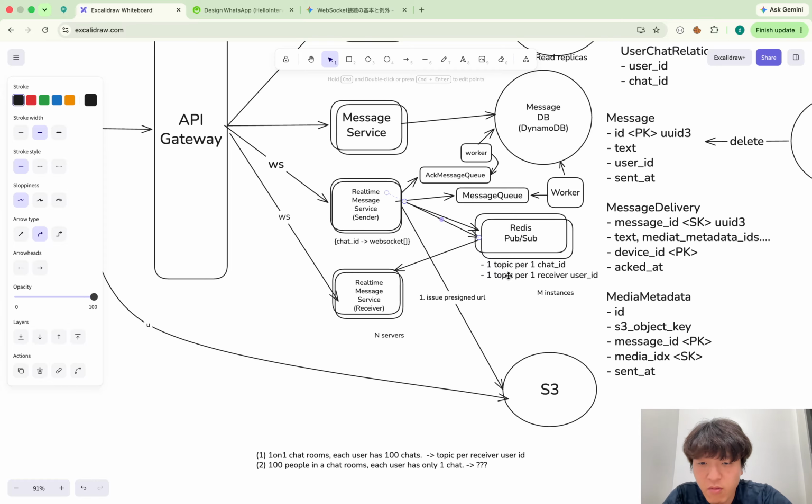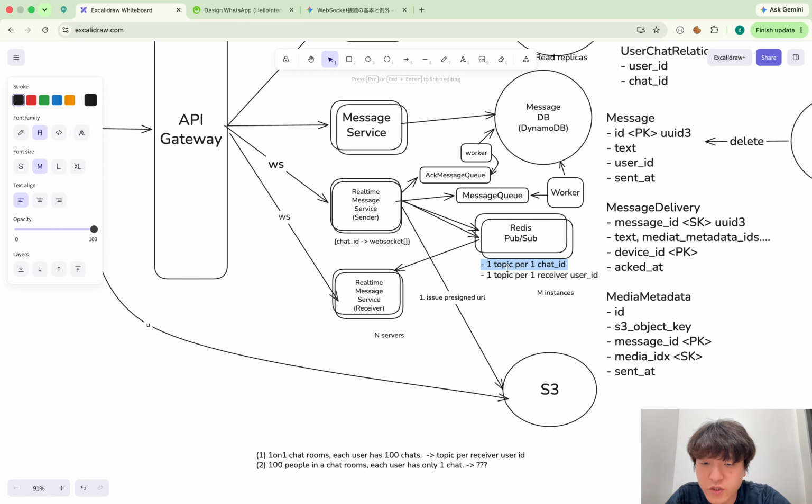Okay, so comparing these two options, the differences are, number one, fanout in Redis or fanout in the server. And the second difference is the number of messages. In the first case, the number of messages in the Redis PubSub is exactly the number of messages created.